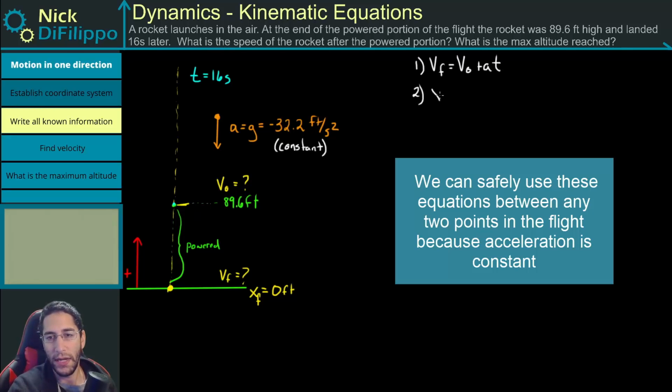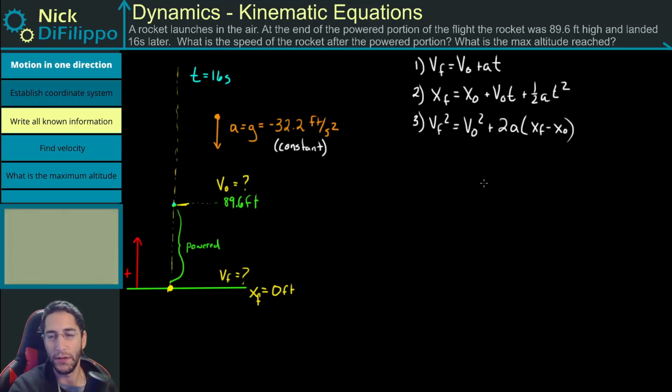The second: the final position is equal to the initial position plus initial velocity times time plus 1/2 times acceleration times time squared. And third: the final velocity squared is equal to the initial velocity squared plus 2a times the final position minus the initial position, so the change in position.